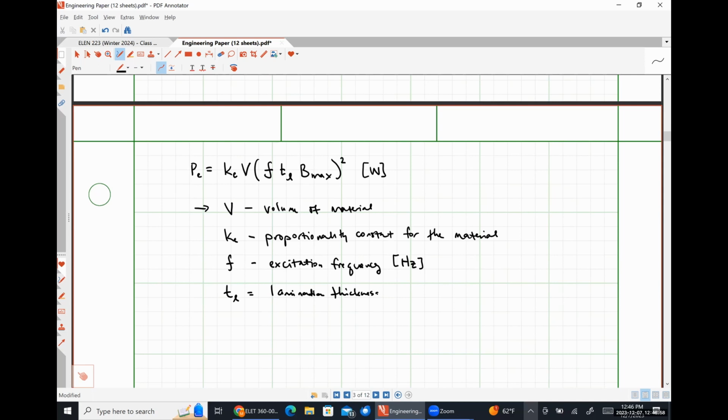So the thicker our laminations are, the more losses that we incur, so we want to slice it as thinly as possible. Our lamination thickness is measured in meters. And then B max is once again the maximum magnetic flux density seen by the core.